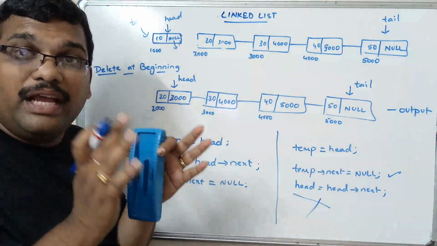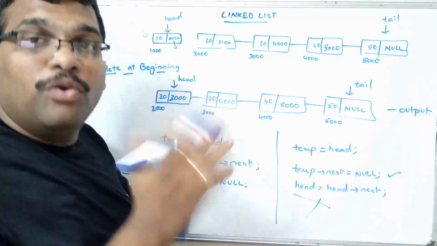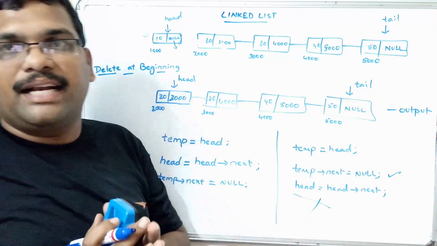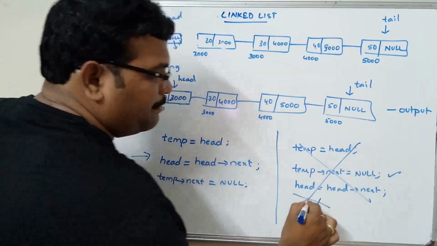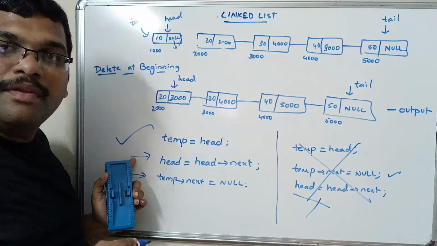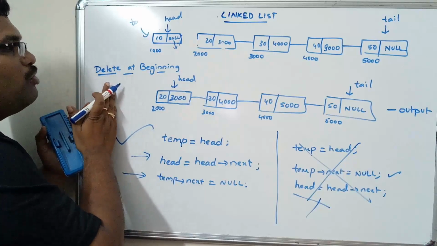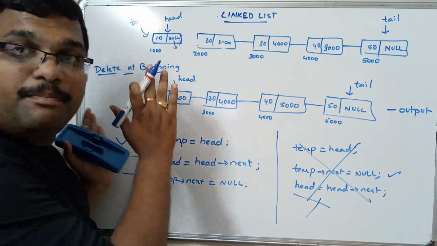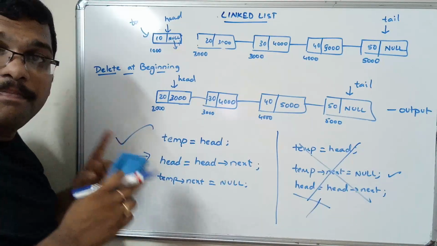So we have to take care about the link. So first we have to move and then we have to disconnect the node, right? So this is the wrong step, right? This is the right thing. So this is the simple logic if you want to delete an element at the beginning position. Now, so hope you understood this one, right?